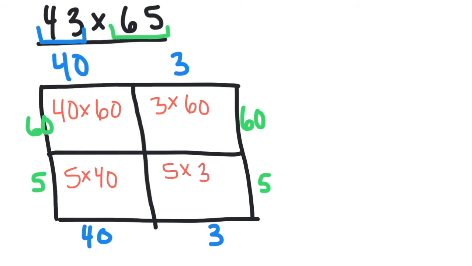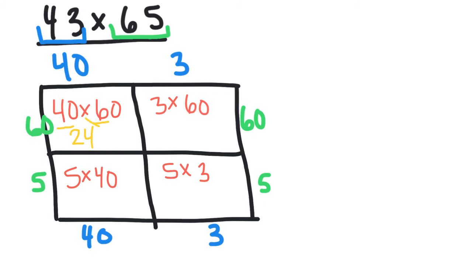Now that I've gotten my multiplication ready, I need to go through and multiply to find the area of each of my boxes. I can use my zeros trick. So if I'm looking up here at my 40 times 60, I can see that if I ignore the zeros for a moment, I have a 4 and a 6. 4 times 6 is 24.